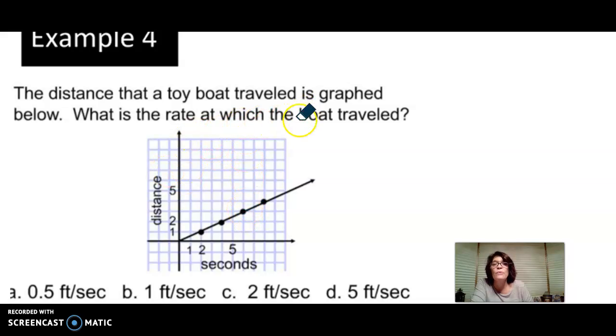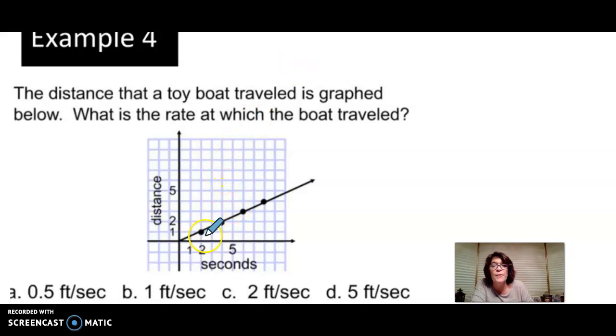The distance that a toy boat travels is graphed below. After 2 seconds, it's 1 foot away. After 6 seconds, it's 3 feet away. What's the rate at which the boat traveled? Well, how fast it's traveling is how many feet per second it's going. So that's its slope.